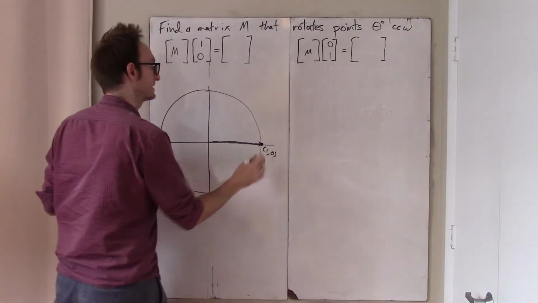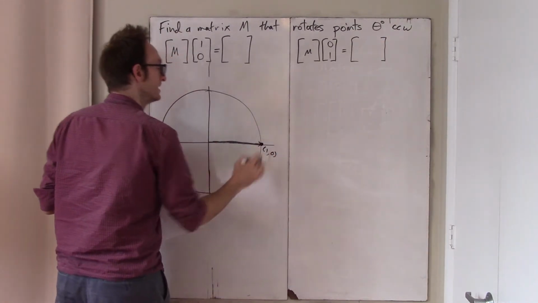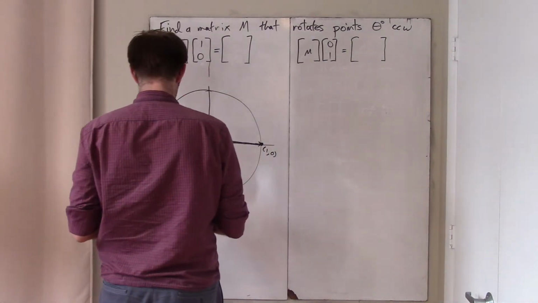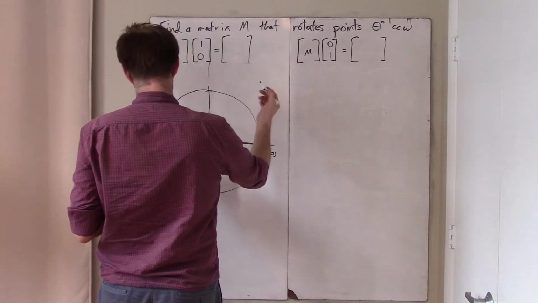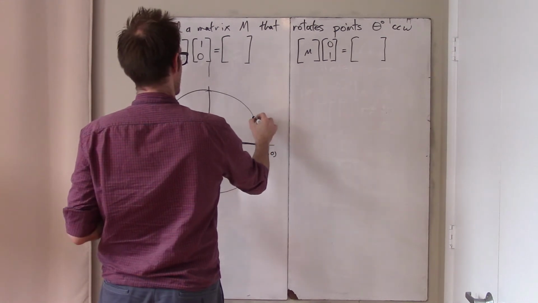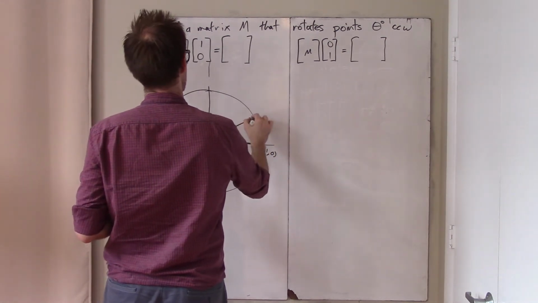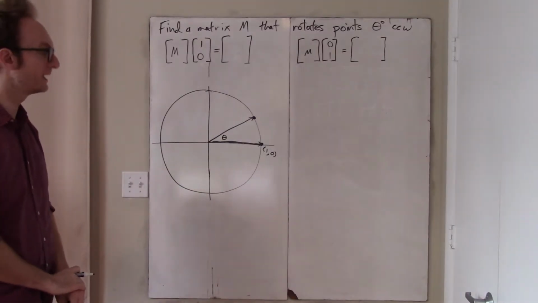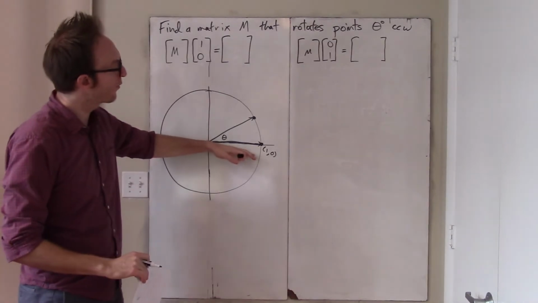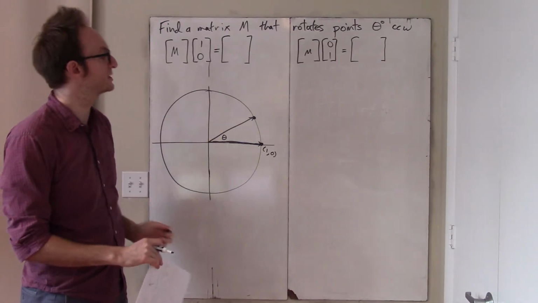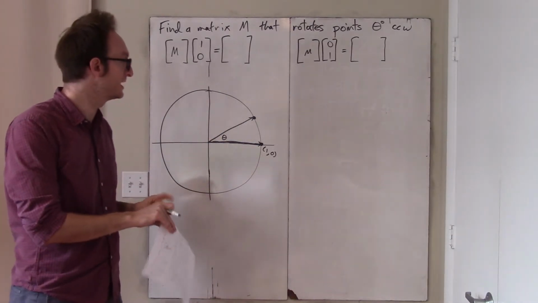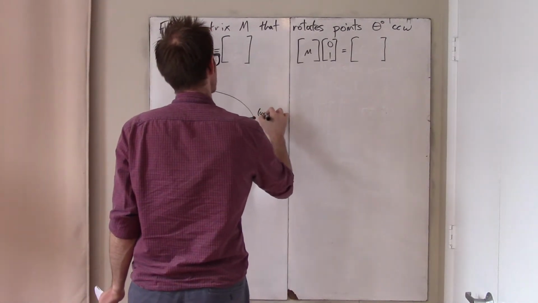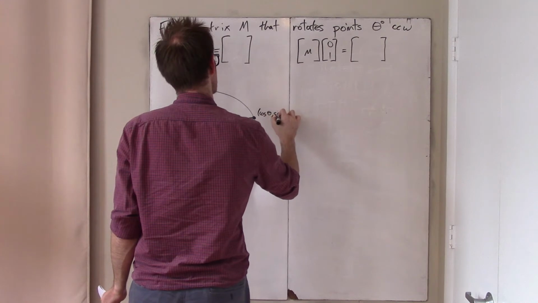And basically, what happens when you rotate this point by theta degrees? Well, you just get this point over here. We know exactly what happens when you take a vector of length 1 and rotate it by theta degrees. You end up with a certain point on the unit circle. And in fact, just by definition, this point on the unit circle is (cosine theta, sine theta).